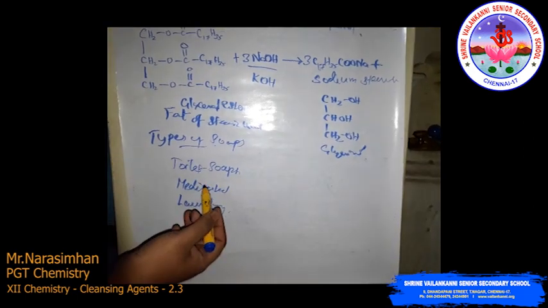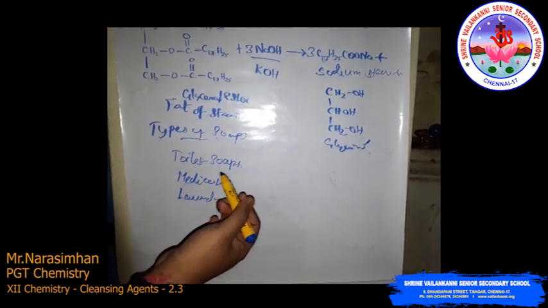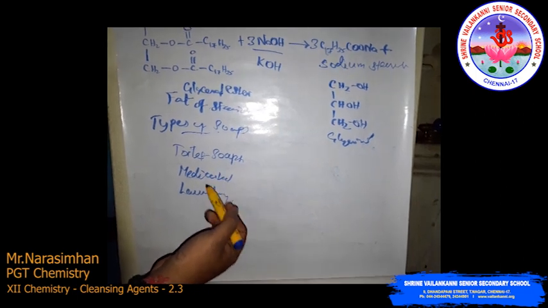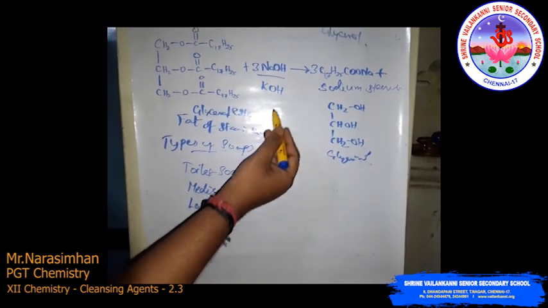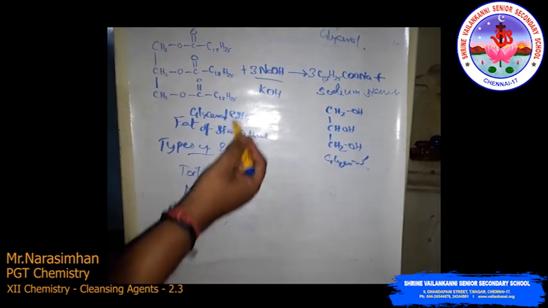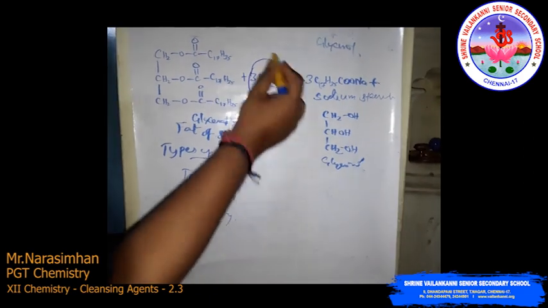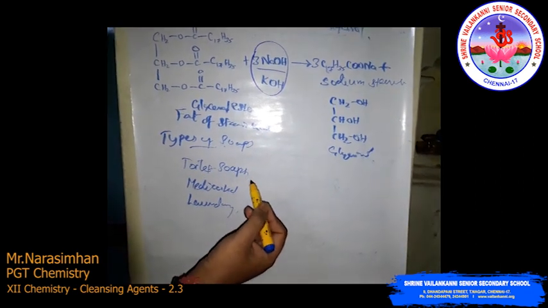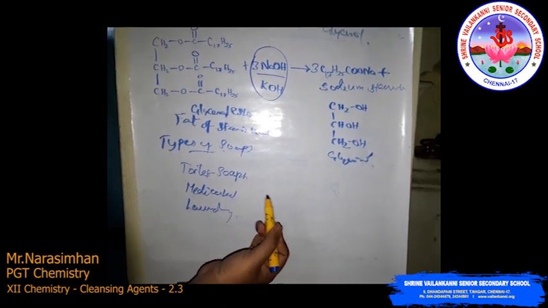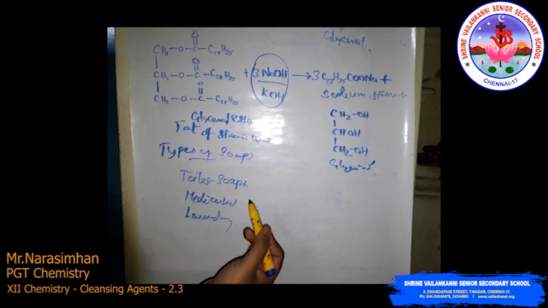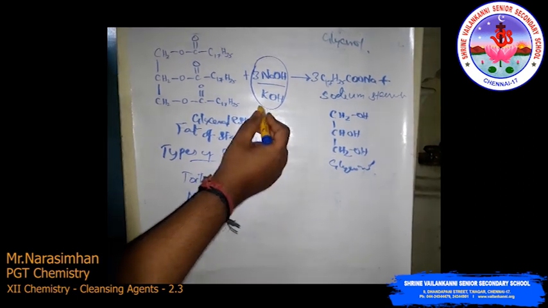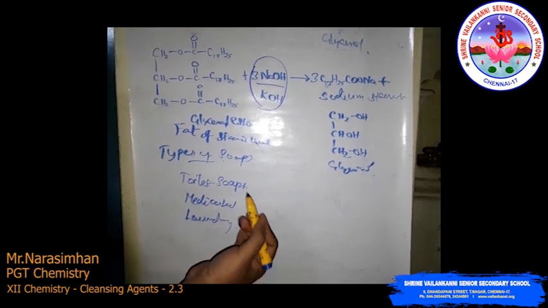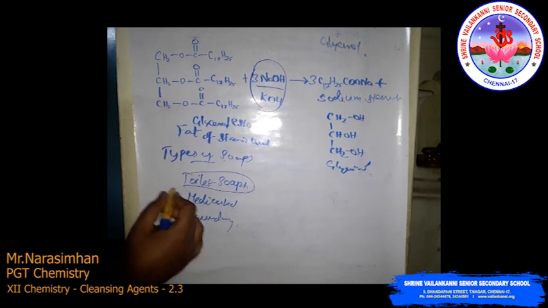All soaps are made by boiling fats or oils with a suitable solution of sodium or potassium hydroxide. Toilet soaps are prepared using better grades of fat and oils, and care is taken to remove excess alkali. Color and perfumes are added, so that we get a good attraction for the soap.